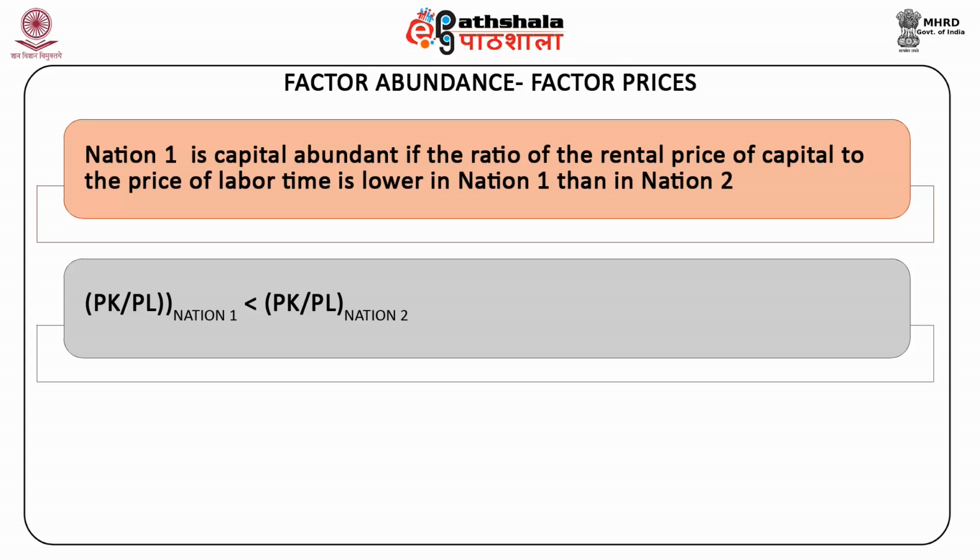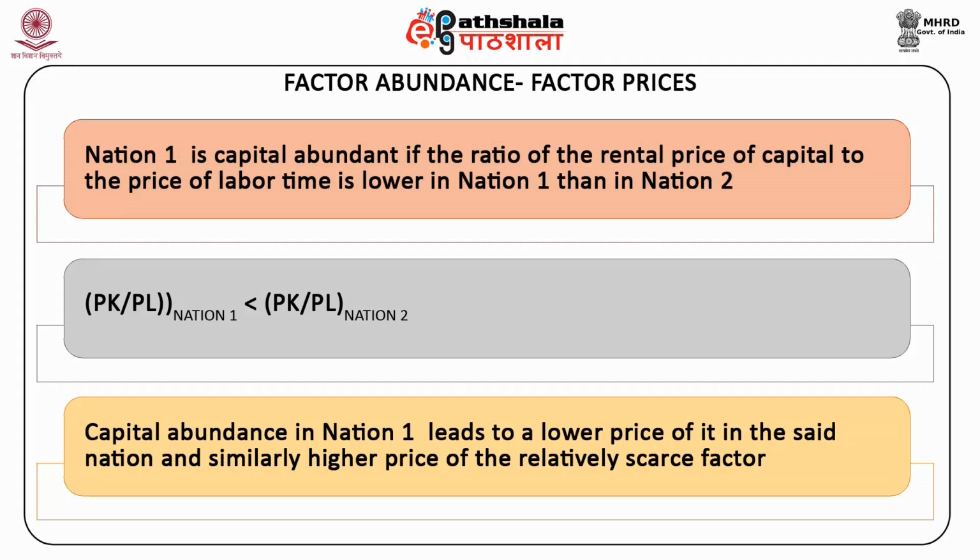This is because capital abundance in nation 1 leads to a lower price of it in the said nation and similarly a higher price of the relatively scarce factor.